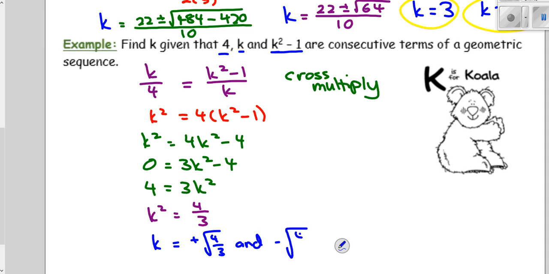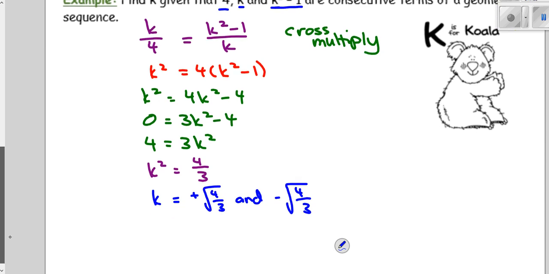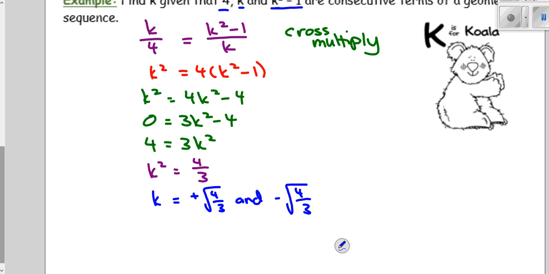Are you getting 4 over 3, square root of? Wait, how come? What did you do? And that could be simplified one more in terms of surds. What did you do after 4 equals 3k squared?